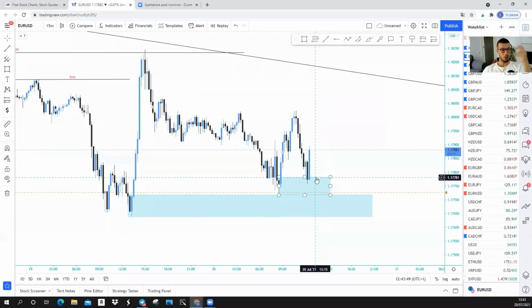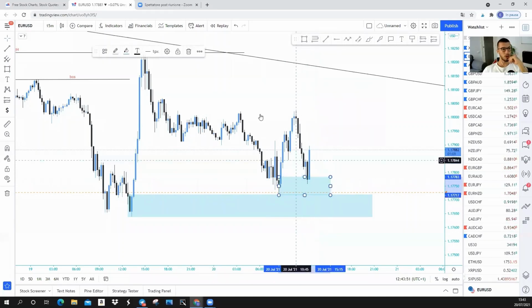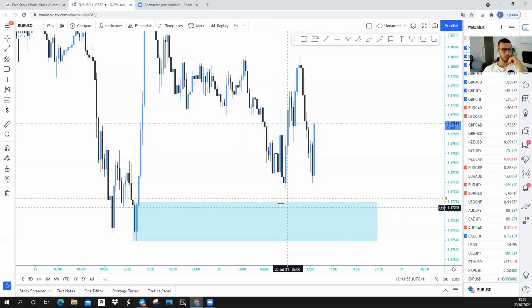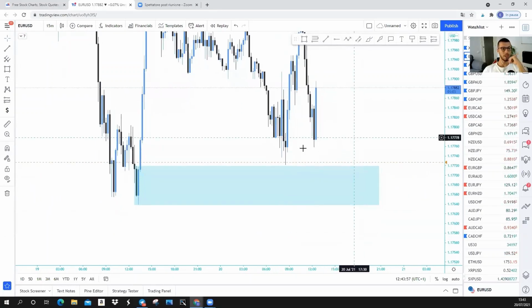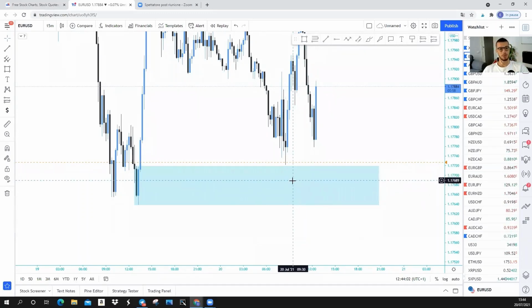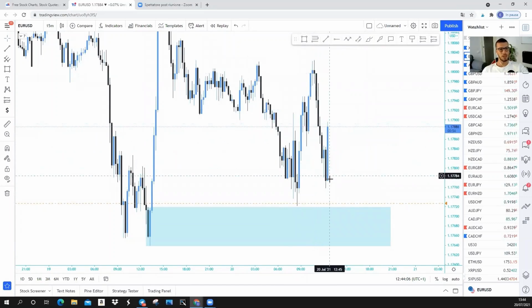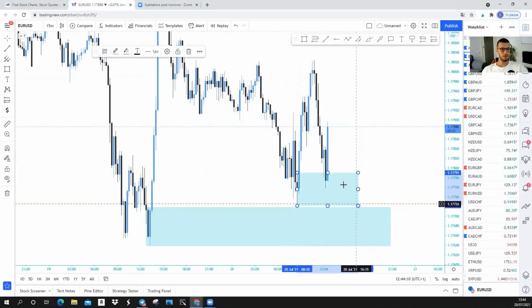Yes, I will do this if and only if this push to the downside was touching actually my demand area. If it was touching my demand area and therefore this demand area becomes mitigated, then yes, I wait for the push to the upside, wait for the retracement, put down my demand and look for the 1 minute, basically what I just showed you, to enter.